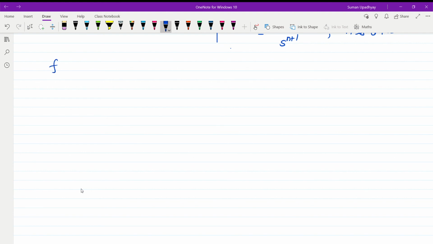When you are having a function f of t, we take its Laplace transformation and we get f of s. When you are having the function 1, its Laplace transformation was 1 upon s. For e raised to at, its Laplace transformation is 1 upon s minus a, where s minus a is greater than 0.